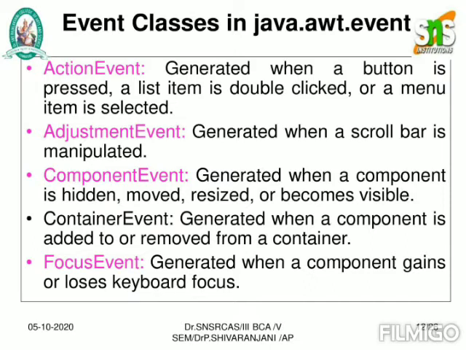Similarly, you have ComponentEvent. This will be generated when a component is hidden, moved, removed, or becomes visible. In such cases, the ComponentEvent class will be activated. The next one is FocusEvent. This is generated when a component gains or loses the keyboard focus.